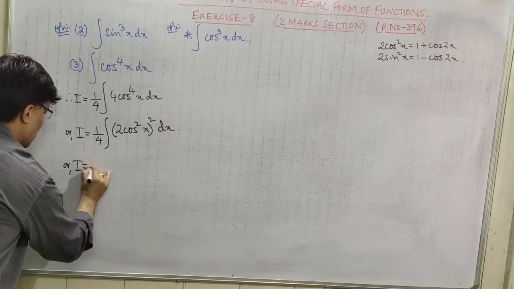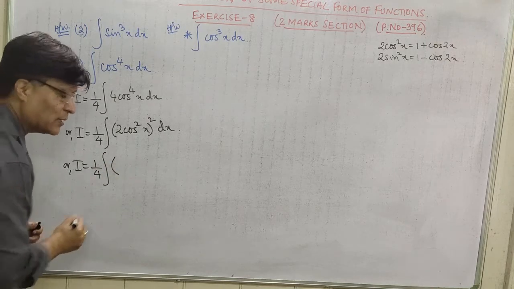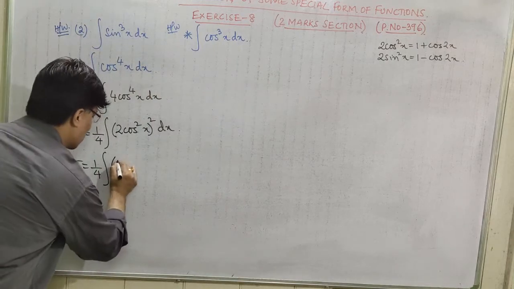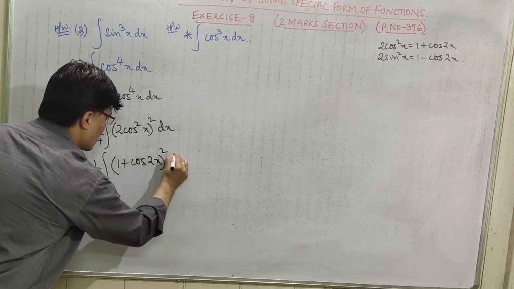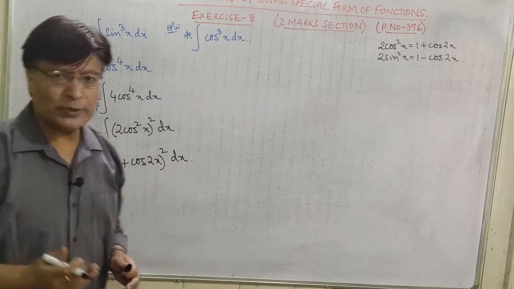Or I is equal to 1/4 integration of, within bracket, what is the formula for 2 cos square x? It is 1 plus cos 2x. This is 1 plus cos 2x whole square dx. Is that clear?